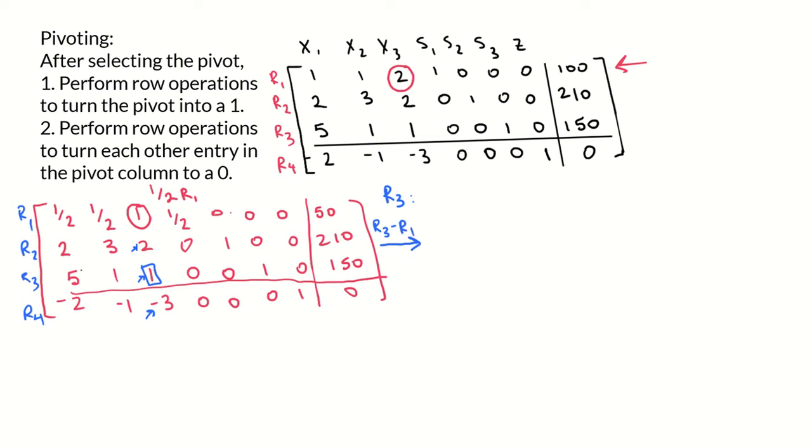So that would give us 5 minus 1/2 in that spot, which would be 4.5 or 9/2.